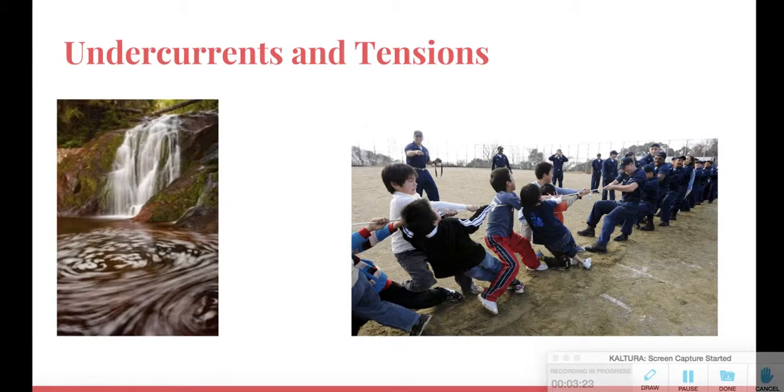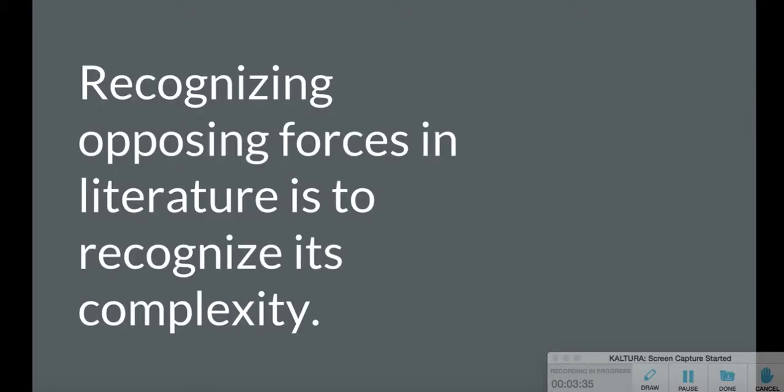The language may exert a force away from the point of view, for instance, or there may be a symbol that opposes the work's characterization or setting. Recognizing opposing forces in literature is to recognize its complexity. Remember that complexity is part of what scholars argue makes literature a valuable site of study.